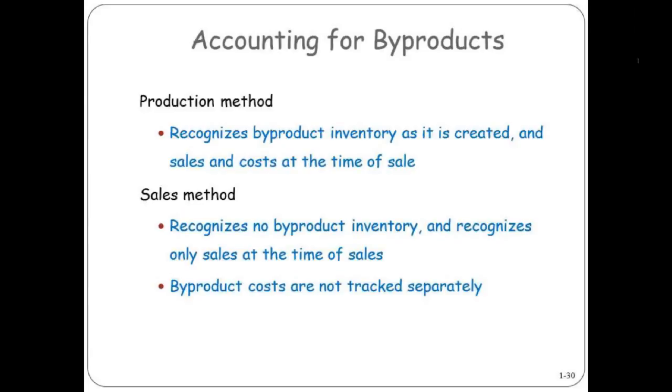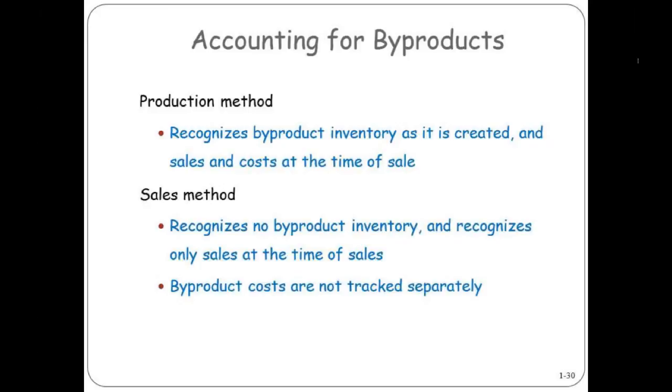There are two different methods of accounting for byproducts, because they do bring value. One, you recognize the volume, that pile of chips, as being inventory as it's created, and then you define costs at the time of sale, just as you do with any other product.